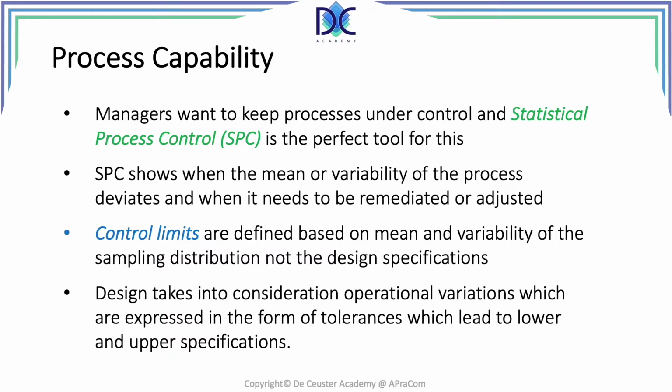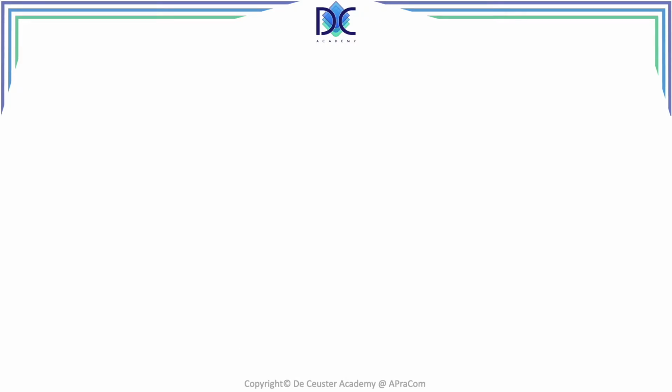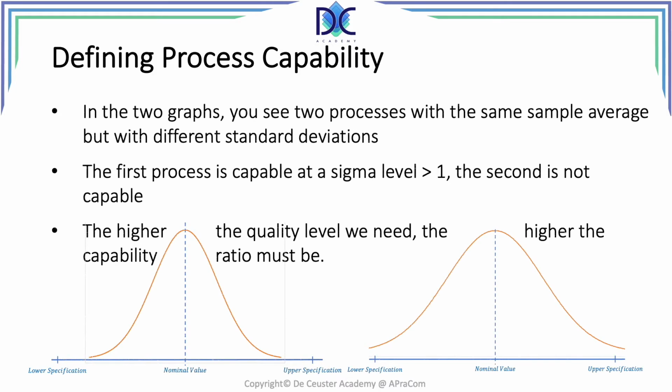Now, when we look at the process capability, we have to look at the graphs below here. We have two examples here. We have the first process where we have a distribution of the parts that are being produced, and we see that we have the three sigma limits of the orange curve, and they're clearly between the lower and the upper specification.